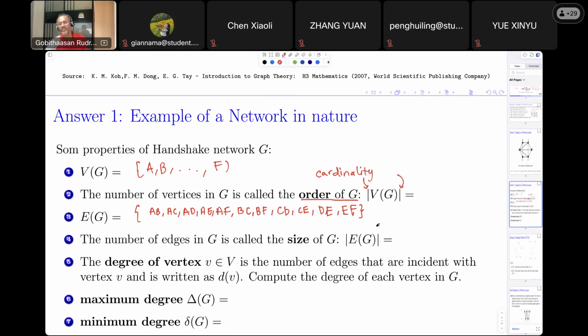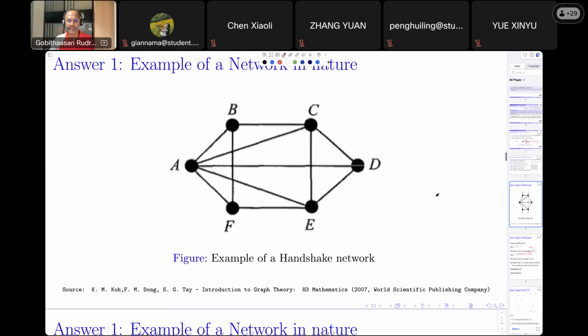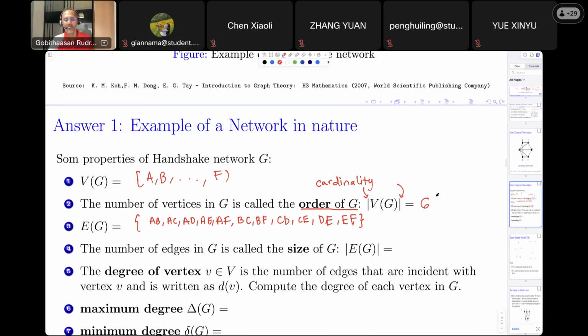For normal mathematics, it's just like an absolute value symbol, a vertical line representing the cardinality or the number of vertices. We have A until F, so I think 6, right? We have 6 vertices. So that would be the order of the network.